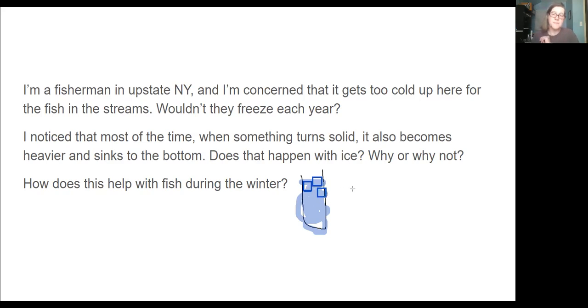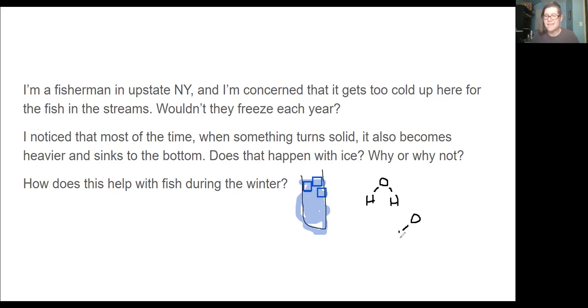So that means there must be something interesting about water when it freezes that causes it to float to the top. Hey, guess what that's related to? Yep, you guessed it. Those little intermolecular forces that we call hydrogen bonds, because I have my water molecule, I have my other water molecule.